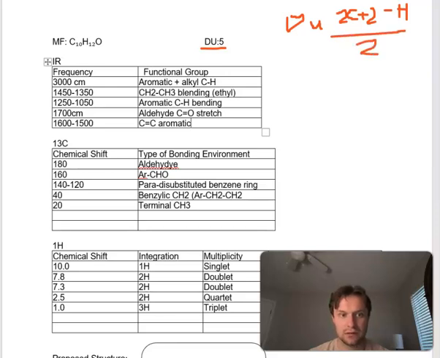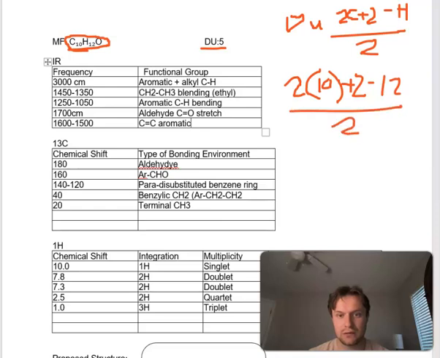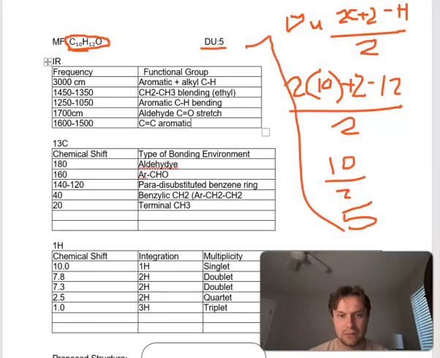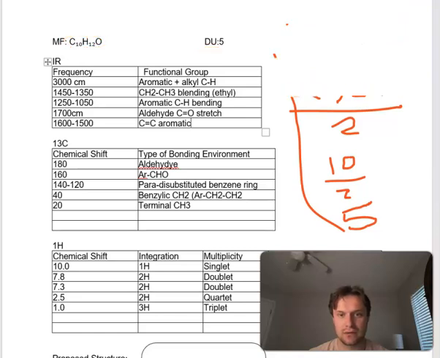Filling this in with the molecular formula, this would be 2 times 10 plus 2 minus 12 hydrogens, divided by 2. That gets us 10 divided by 2, which gets us our final number of 5, which we put here. So that's how we got that value.